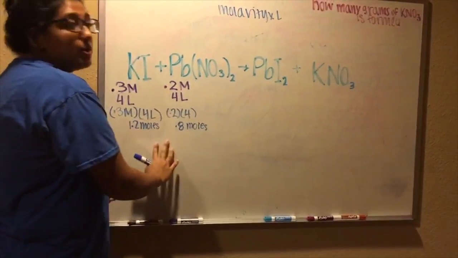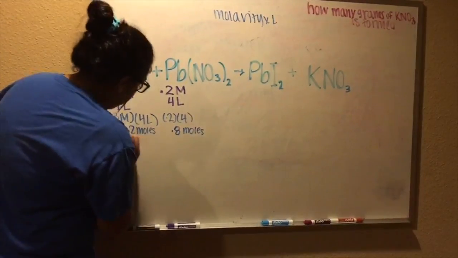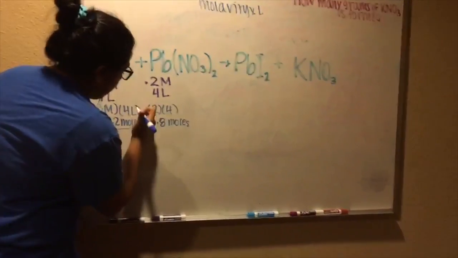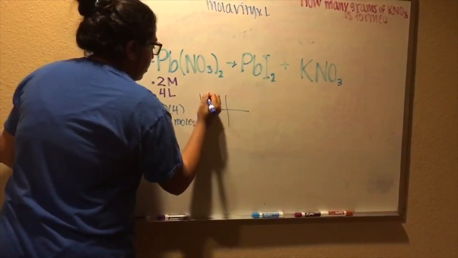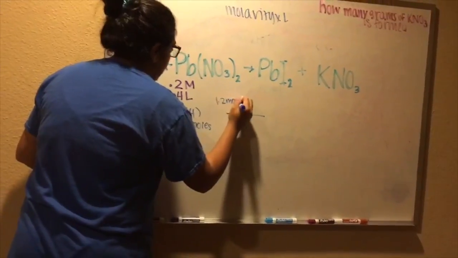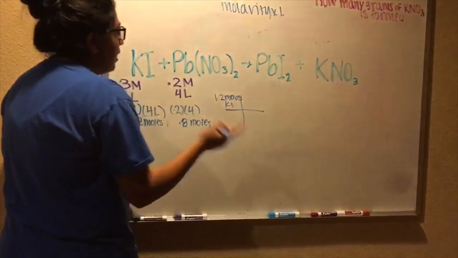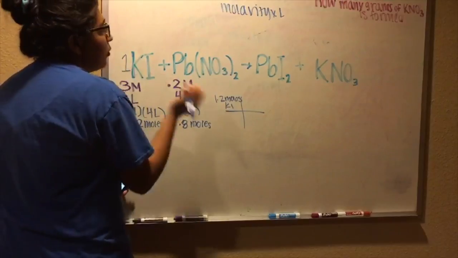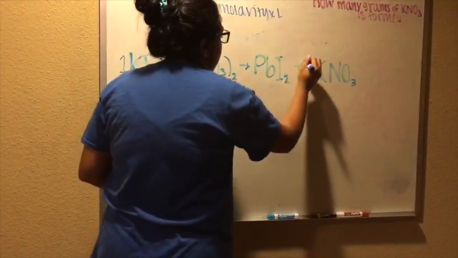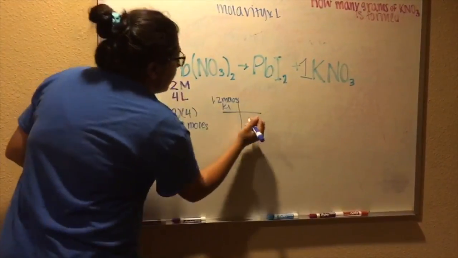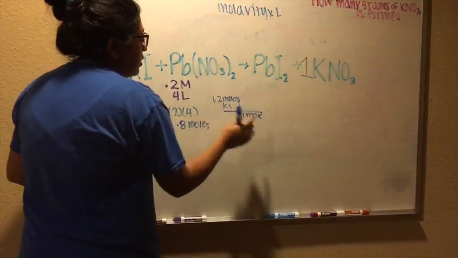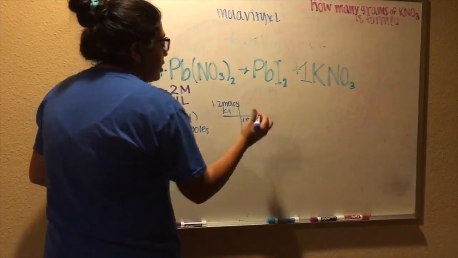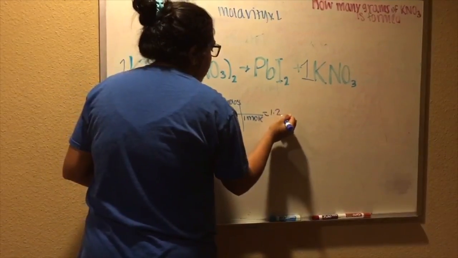So in order to find out which one's the limiting reactant, we do, oh sorry, that's not enough room. I just put it over here. So we have 1.2 moles of KI, and then since this is imaginary 1, we'll just do it with the KNO3 since that's what we're looking for. And then 1 mole of that. Then it's in a 1-to-1 ratio, so you just know it's 1.2.